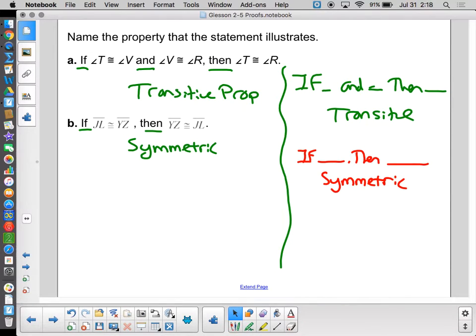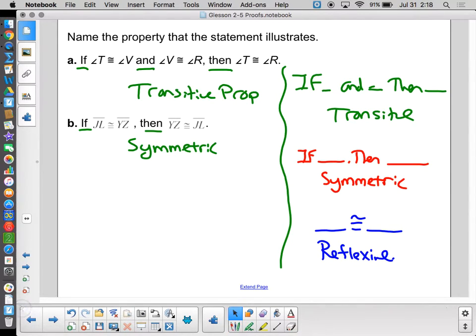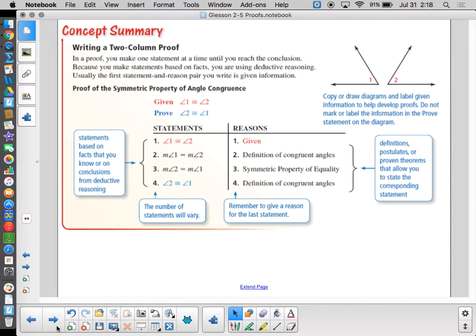And if I just see that something is congruent to or equal to itself, that's reflexive. Reflexive usually doesn't show up in a conditional statement. Symmetric almost always does. And transitive almost always shows up in that if-and-then format. So that can help you sort things out.